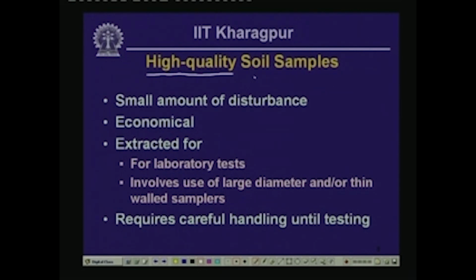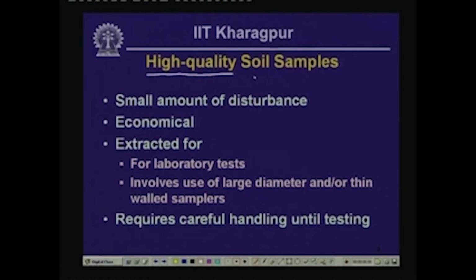These soil samples are also extracted for laboratory tests, provided that the test is targeted at obtaining a soil property that is not affected much by the sample disturbance introduced during the sampling procedure.